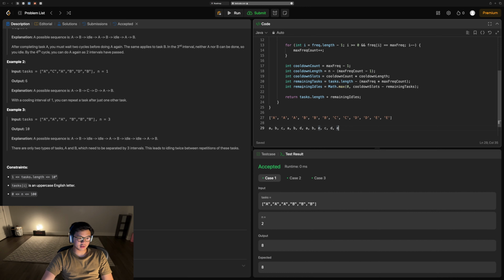the remaining number of idle, or the remaining cooldown slots, are enough to separate the non-max frequency values n times away from each other.